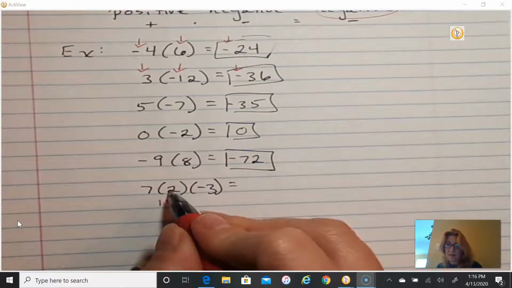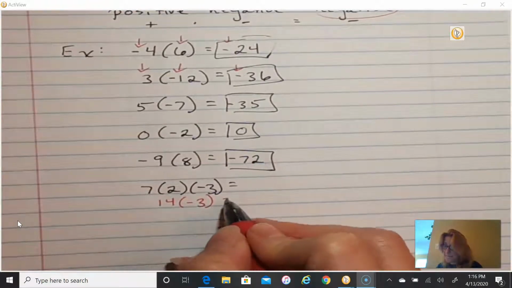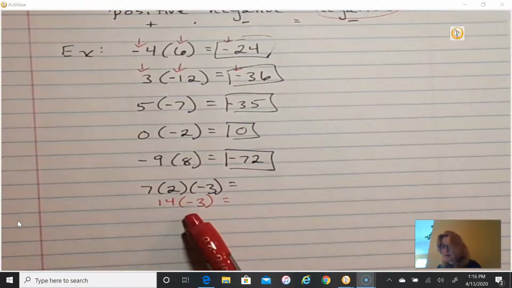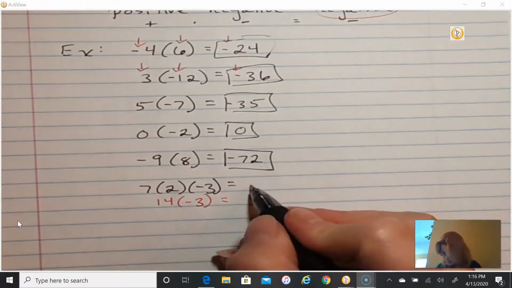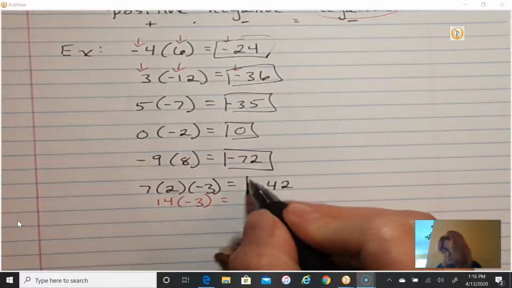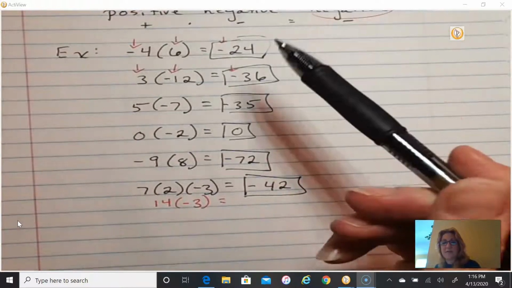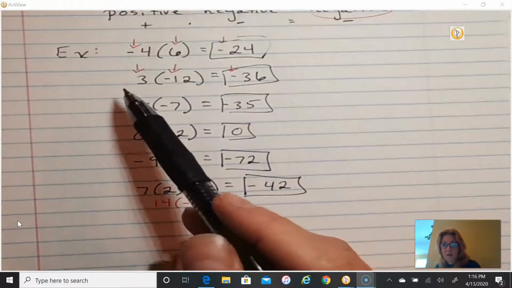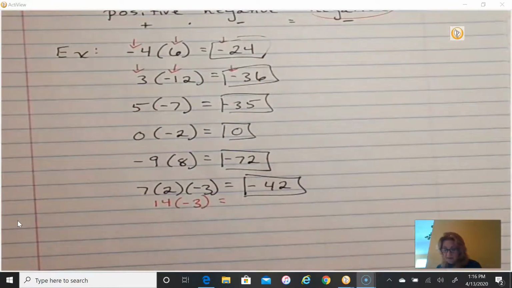That's a positive 7 and a positive 2, times negative 3. Positive times a negative gives you negative 42. So that's it for multiplication when they have different signs. When you're multiplying and they have different signs, your answer will always be negative.